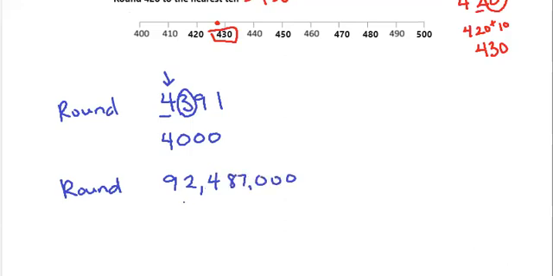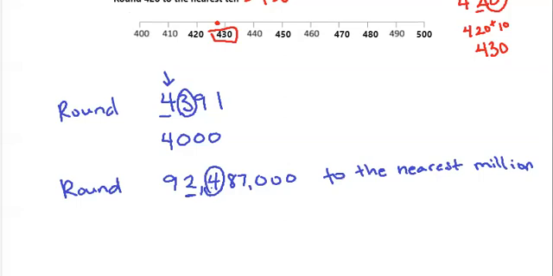We're going to round 92,487,000 to the nearest million. So I'm going to underline the millions place because that's where I'm rounding. I'm going to then circle the next one.